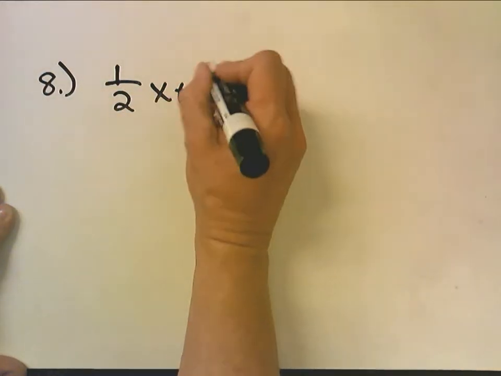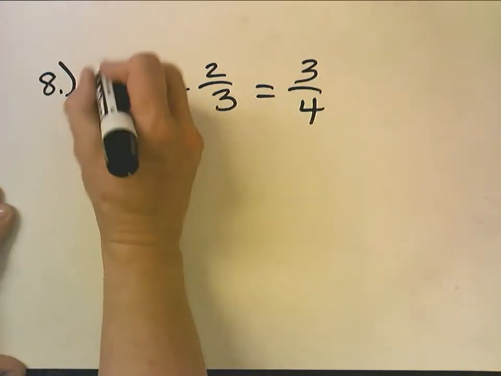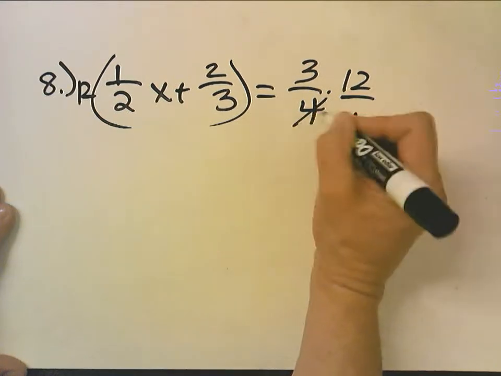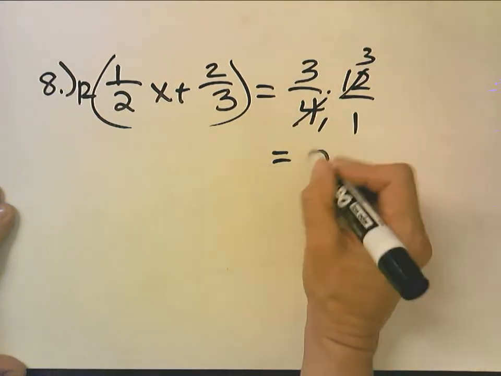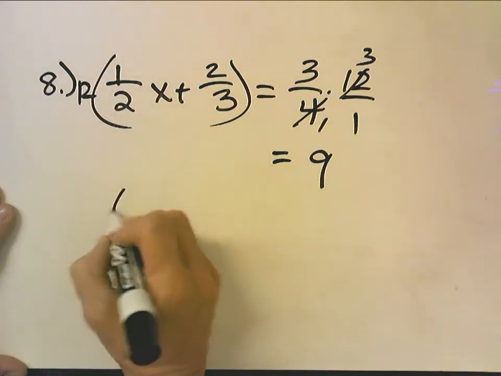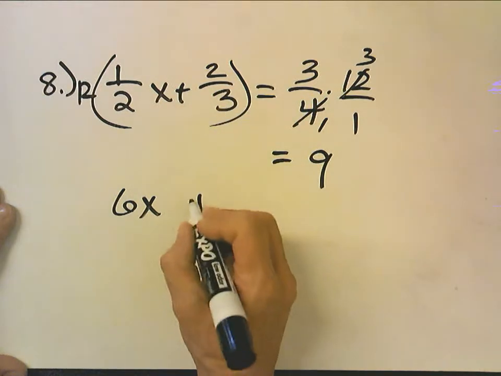Okay, now number 8, 1/2 x plus 2/3 equals 3/4. Common denominator is 12. That cancels out. This side becomes 9. If you can do this in your head, 12 times 1/2 is 6. 12 times 2 is 24, divided by 3 is 8.